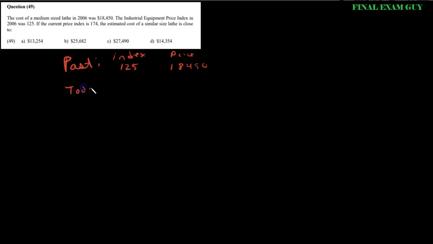Today, the index is 174 and the price is being asked for. So you can just see it's just setting up like a proportion. So how you usually do it is new index over old is equal to new price over old price.